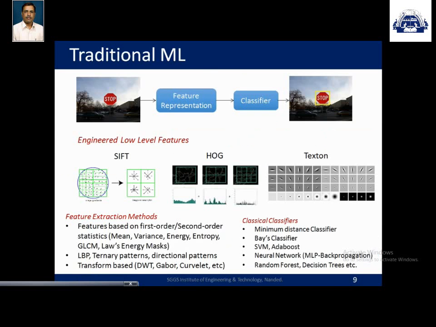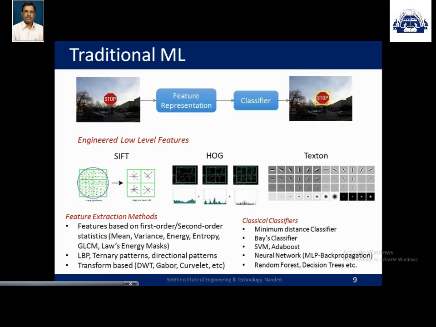In traditional machine learning, there are two important things: how you extract the features and which kind of classifier you use. Classifiers include minimum distance classifier, Bayes classifier, SVM, AdaBoost classifier, neural networks with the backpropagation training algorithm for the multi-layer perceptron, random forest and decision trees.